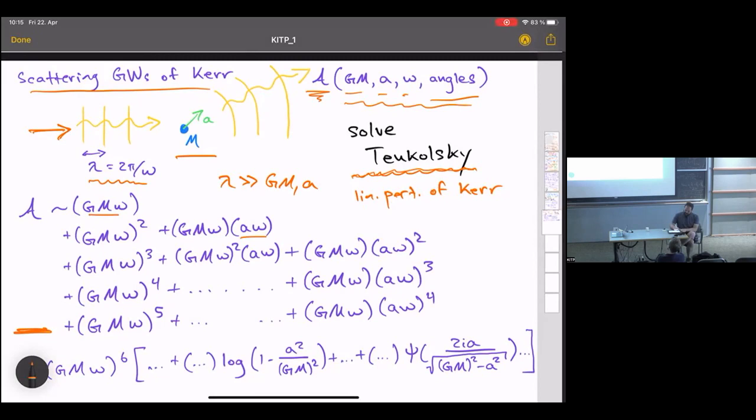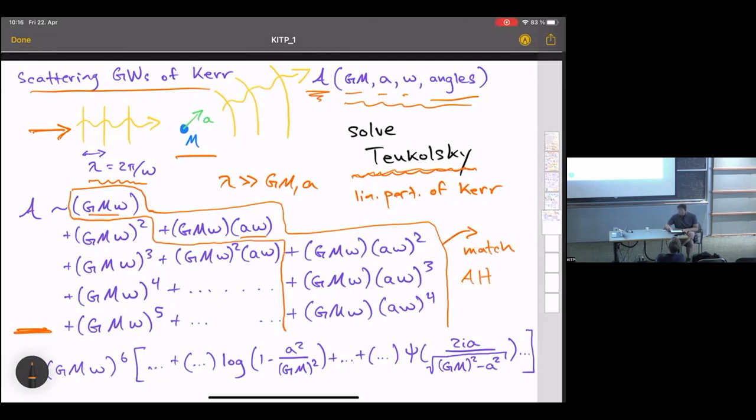And the tree level Compton amplitude, so tree level means linear in G, but we hope, we dream that this thing will make sense to all orders in a at linear order in G. It's sitting right here up to this level. We pick it off, and let me just tell you, very long story short, that part does indeed match those amplitudes.